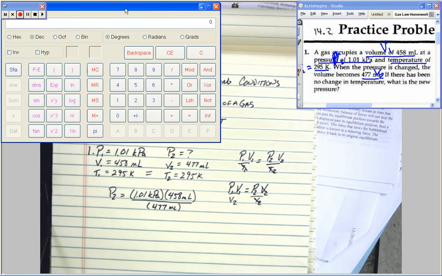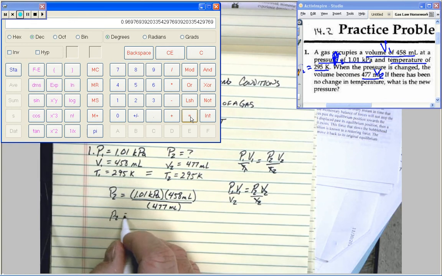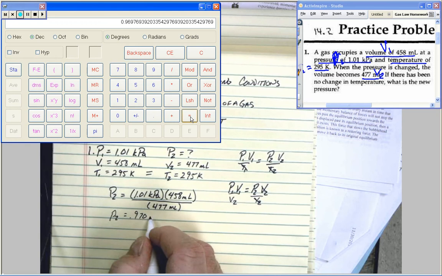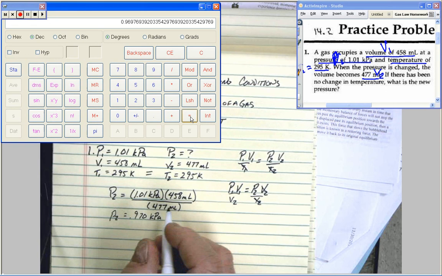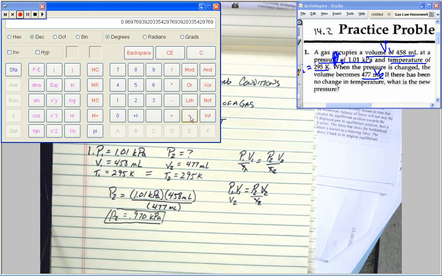Oh yes, we bust out the calculator. And we get 1.01 times 458 divided by 477, and that equals P2 equals 0.970 kilopascals. And that's that.